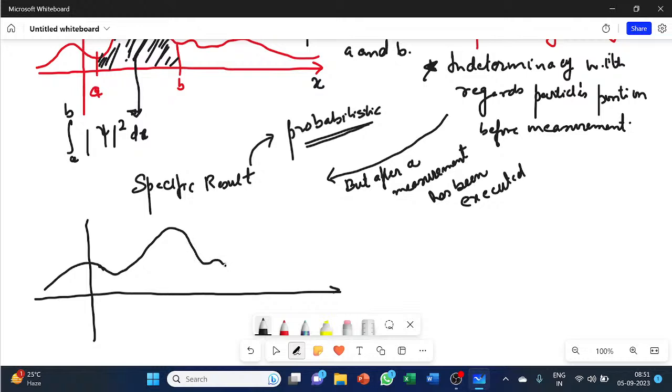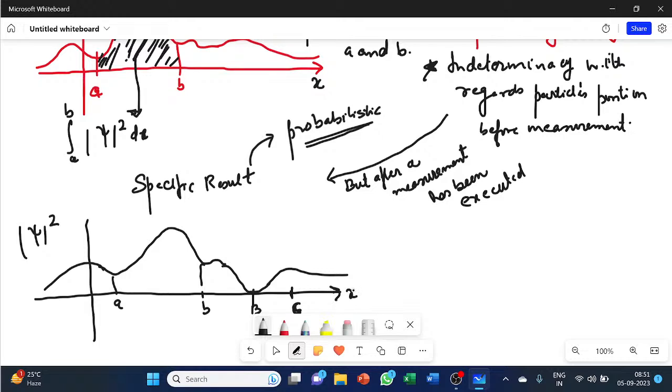Okay, so let's say this is your A here, and this is your B here, and let's say this is capital P, and let's say this is C, capital C, and this is psi mod whole square, and this is X. So after measurement, there would be some specific result.